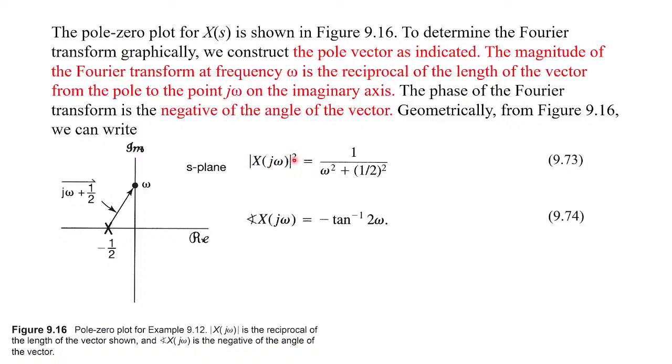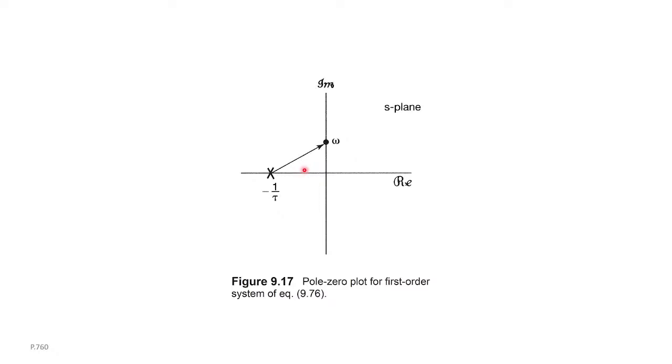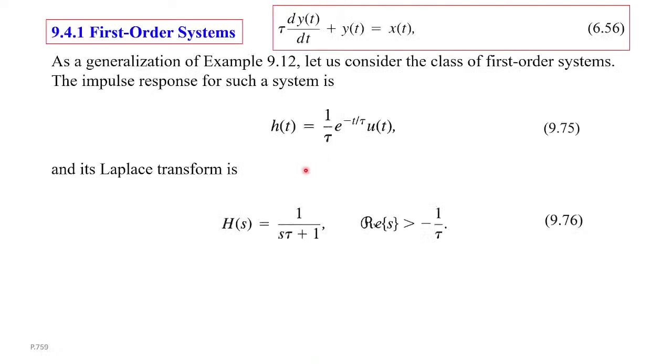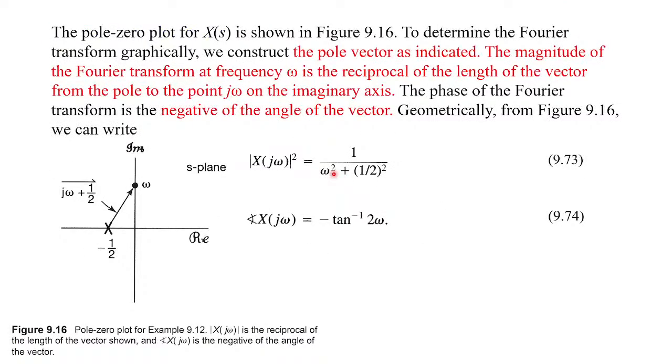So you can get the feeling of the magnitude of your X of j omega. It starts from 0 and grows, and then gets biggest when omega is 0, then gets smaller.